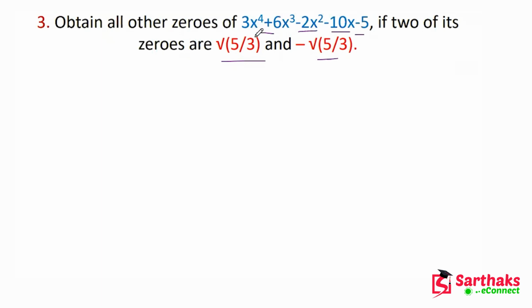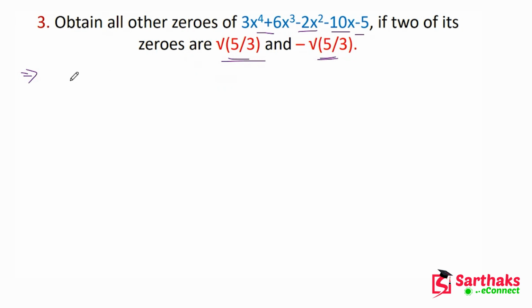Okay, so now firstly we have to divide it by what? Now listen to me very carefully. First of all, we have to find the divisor. We have to find the quadratic polynomial formed by these zeros.